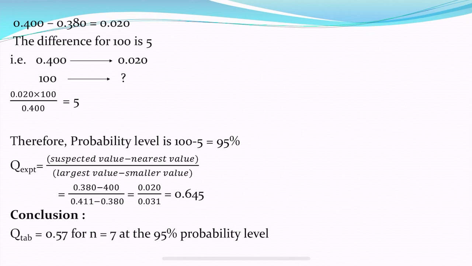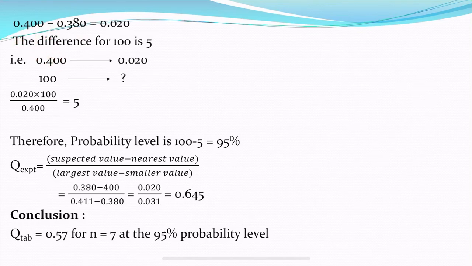Here, the suspected value is 0.380 and the nearest value is 0.400. So this is the suspected value or outlier, and the nearest value to it is 0.400.